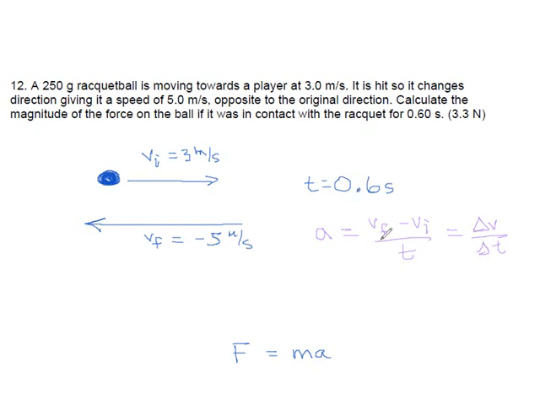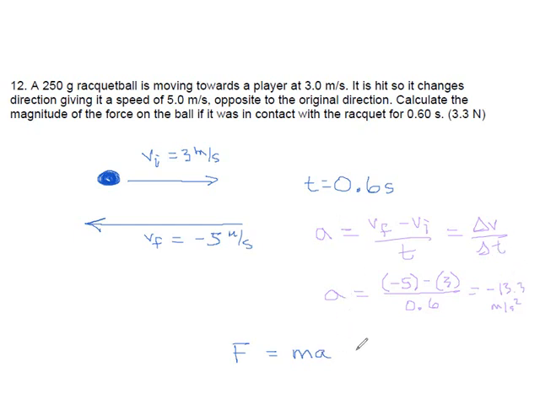That's acceleration. So the acceleration here is V final, negative 5, minus V initial, 3, over the elapsed time of 0.6 of a second. Negative 5 minus another 3 is negative 8. Divided by 0.6 is negative 13.3 meters per second squared.